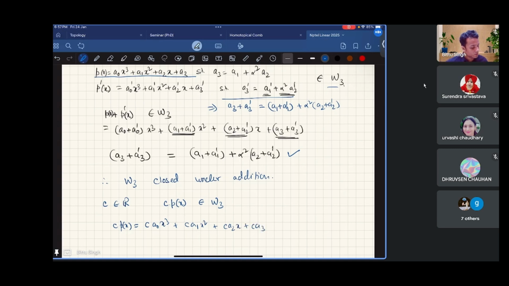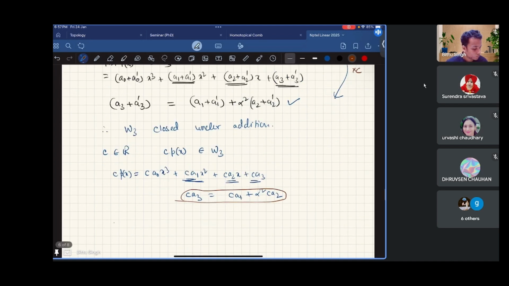Here we can see that the last element, C a3, is the same as the first element C a1 plus alpha square times C a2. This is also true because of this, right? From here, just multiply with C, then we get this equation.